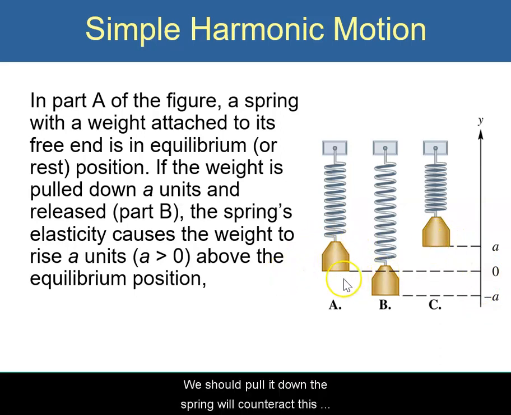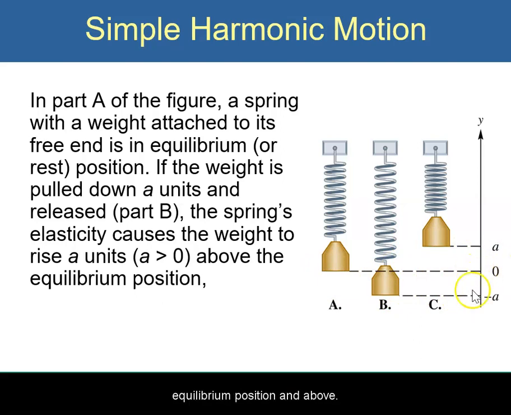Which is what we're calling C. So we start with A, we pull it down, the spring will counteract this force of gravity because of the tension in the spring, and it will pull it up to A, right? So as you can imagine, we're basically then going to start an oscillation that goes below the zero value, the equilibrium position, and above over and over and over again by a value of A, right?